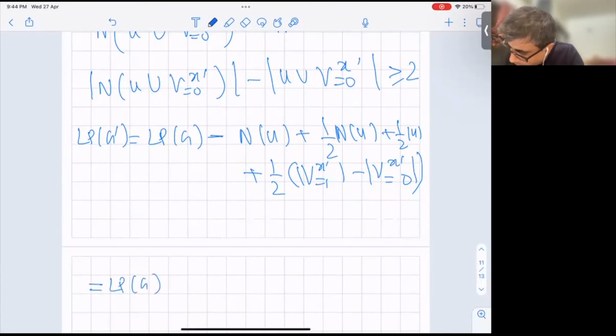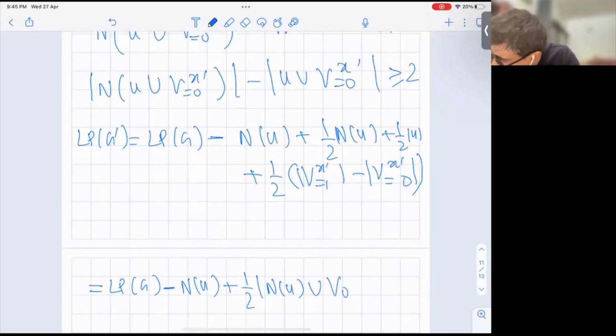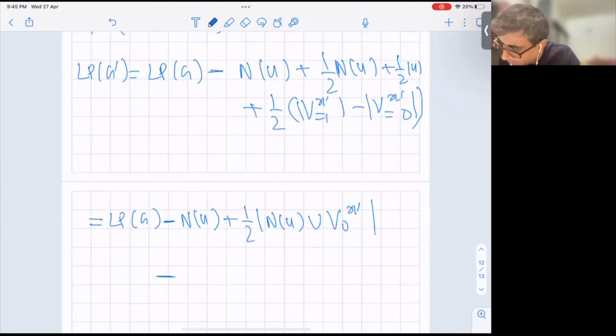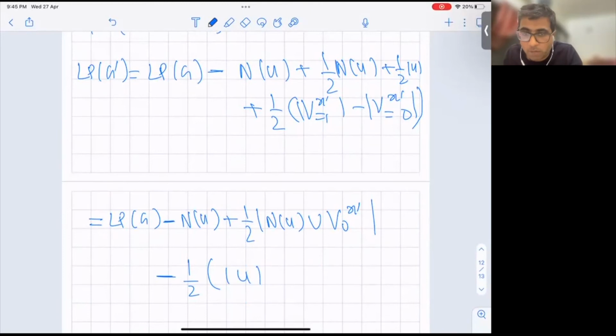Look at LP of G prime: it is LP of G minus N of U plus, what I want to say is, plus half of N of U union V1 of X prime, minus half, if I take common, U. Is it?